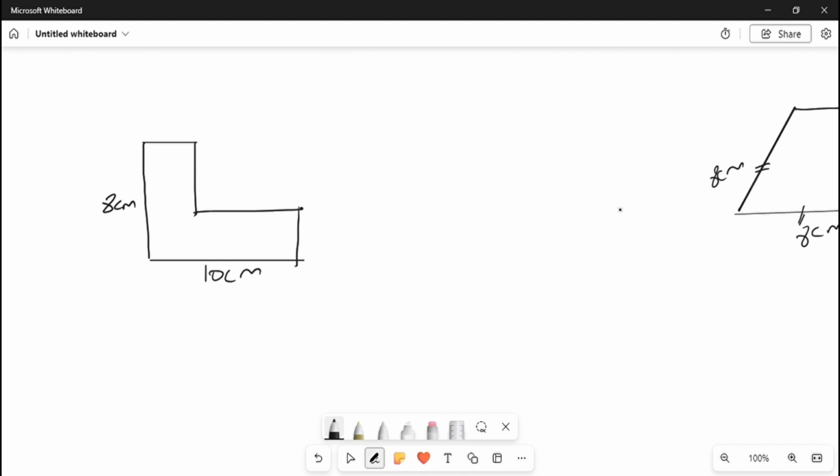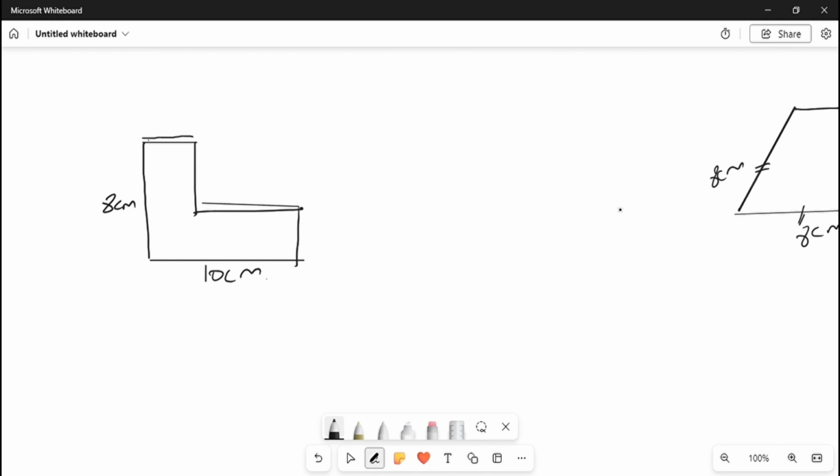Now the other sides are not given. Actually we don't need the other sides because we know this piece and this piece together equal 10 centimeter.